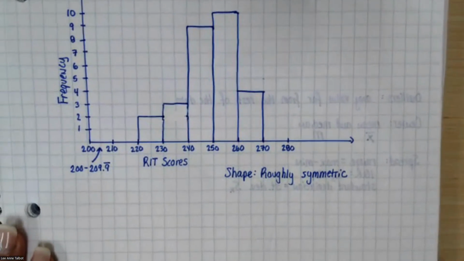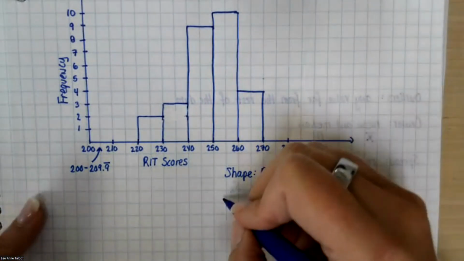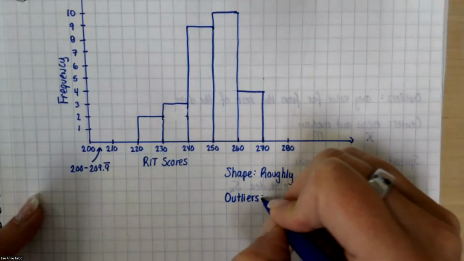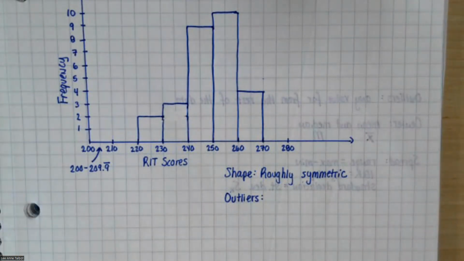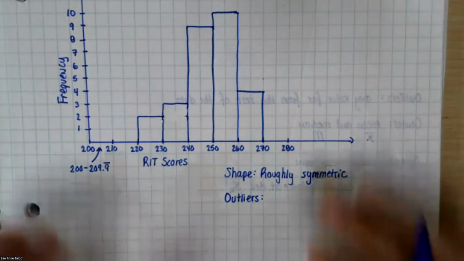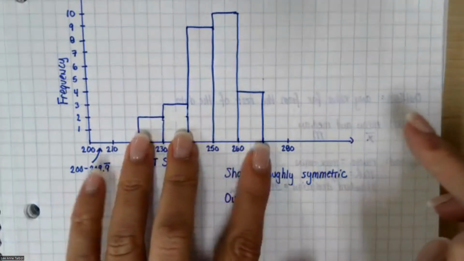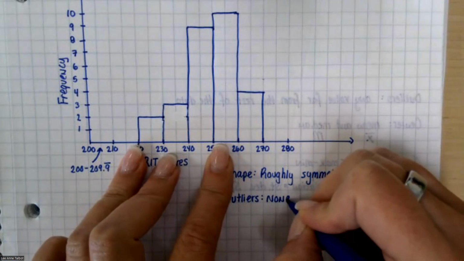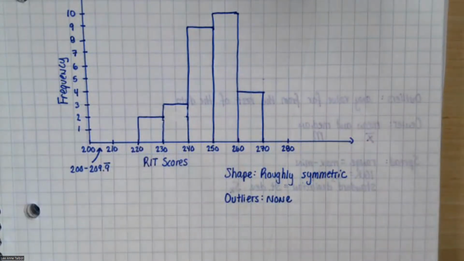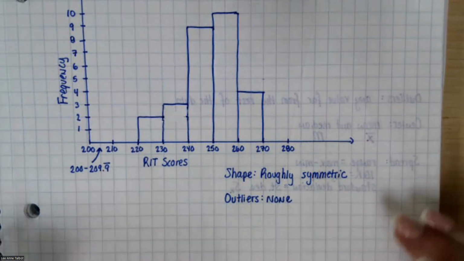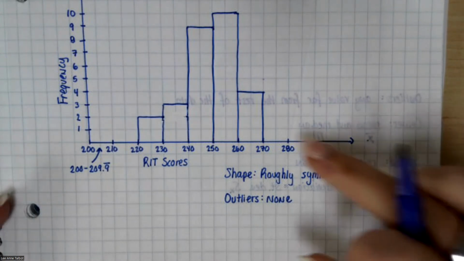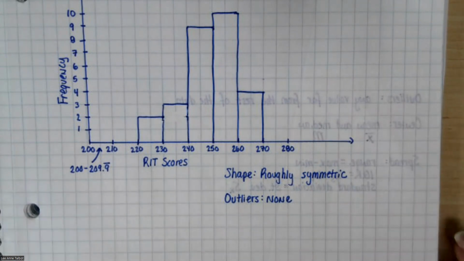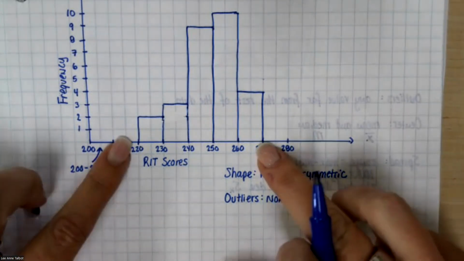This is one of the things about stats, is things that don't come out perfect. Now, all of the bars of my histogram are attached to each other, so I don't really see any outliers. Do you guys know what I mean by that? If there was like a gap and then like a really high score, then that one might be an outlier, but these are all connected.